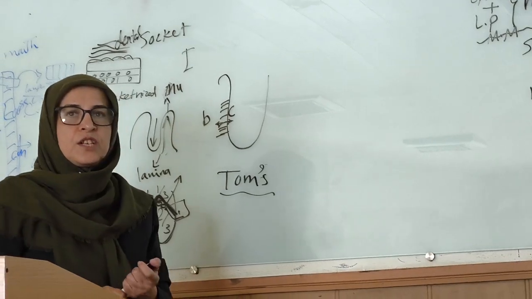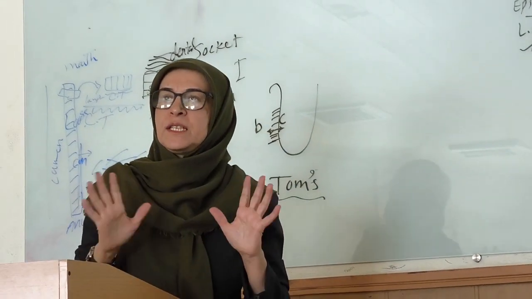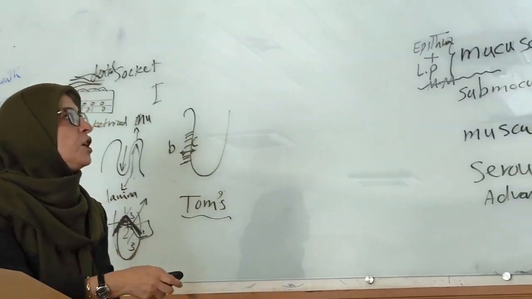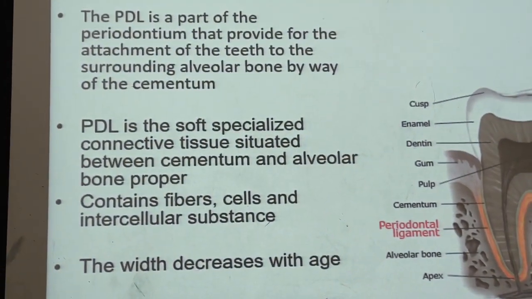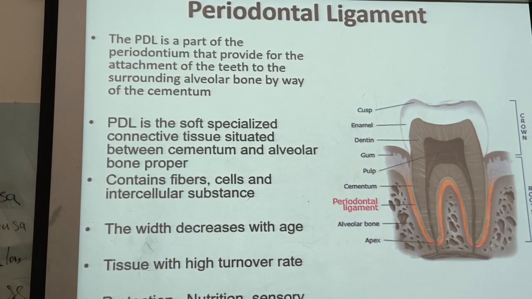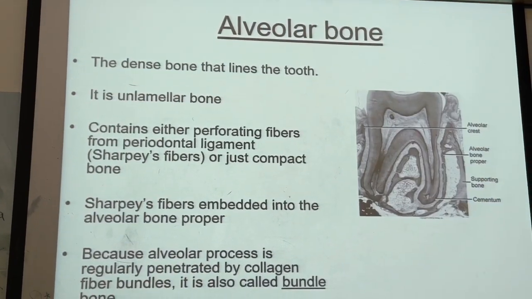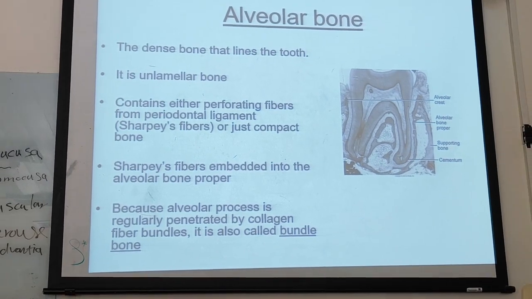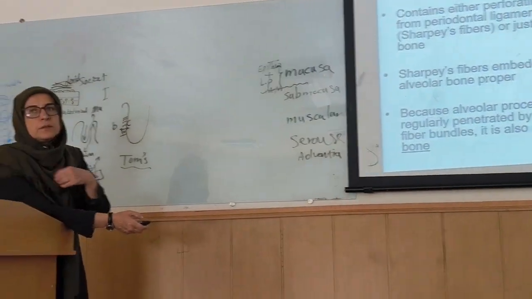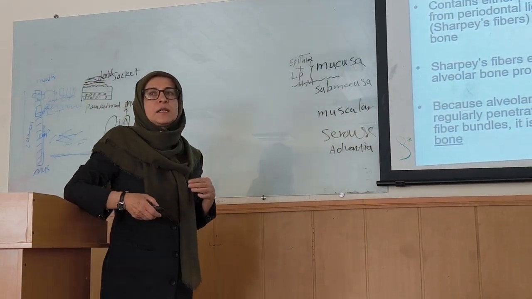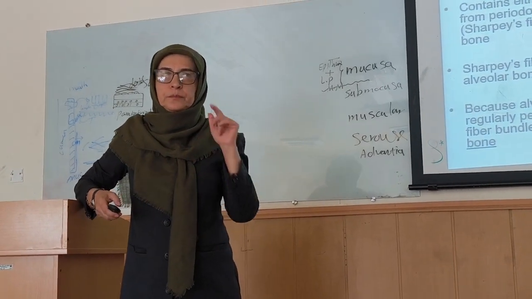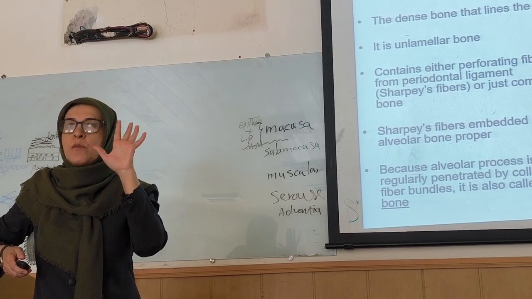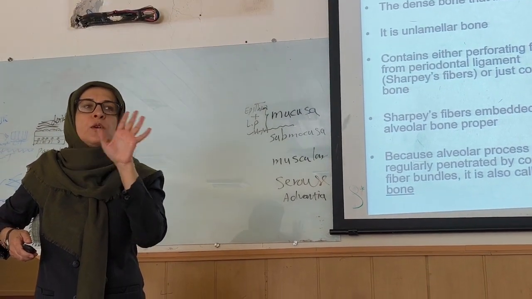You know, the collagen fibers that penetrate a hard tissue such as bone are also named Sharpey's fibers or the penetrating fibers. And the alveolar bone is one part of the mandibular or maxillary bone. They are non-lamellar bone. If you remember, non-lamellar bones don't have any osteon.